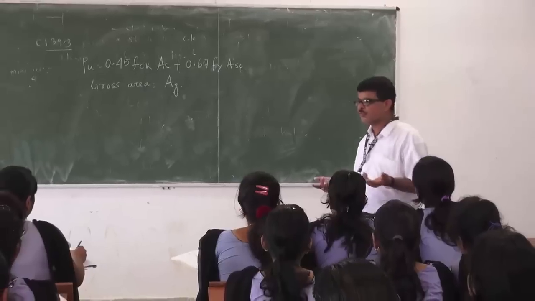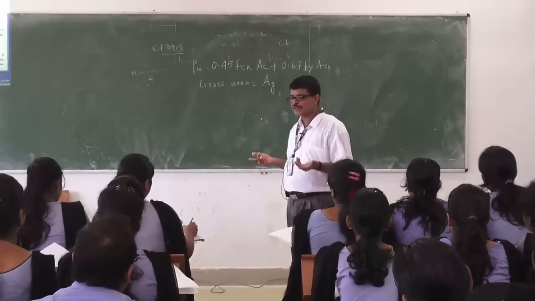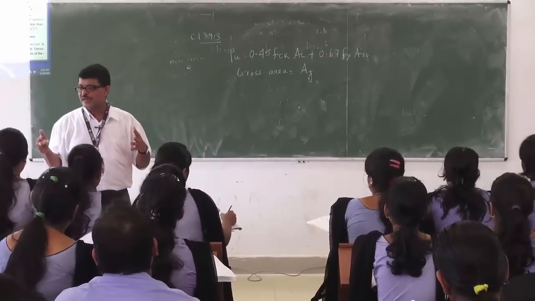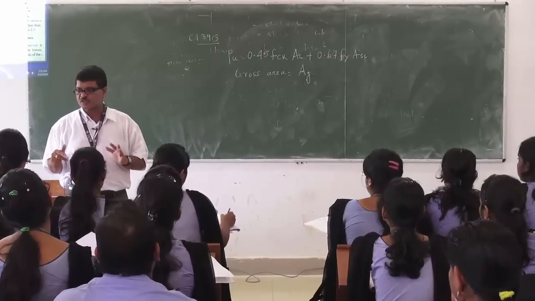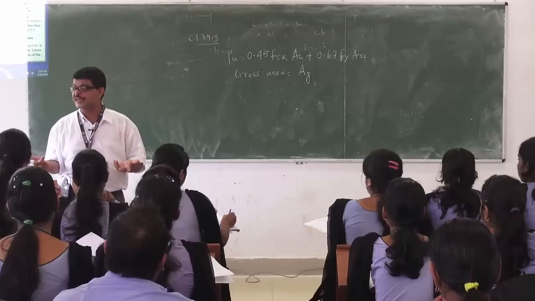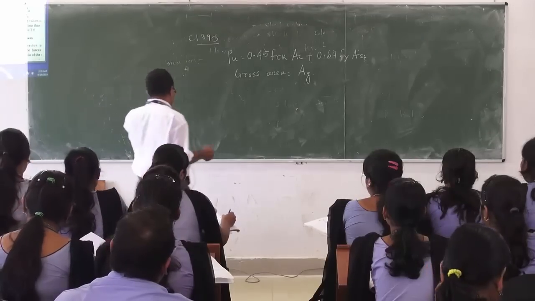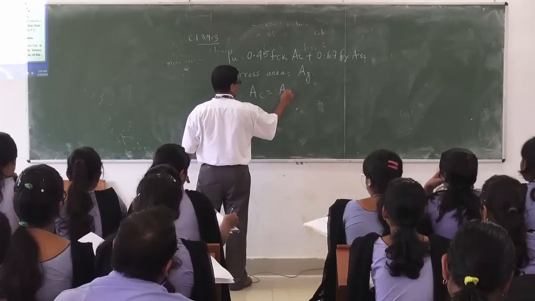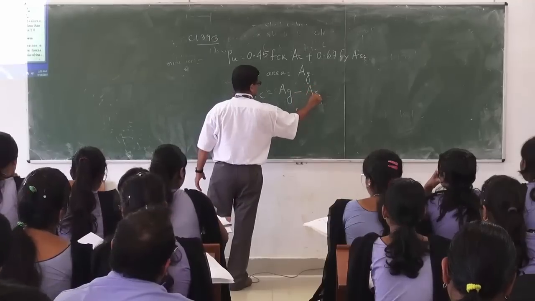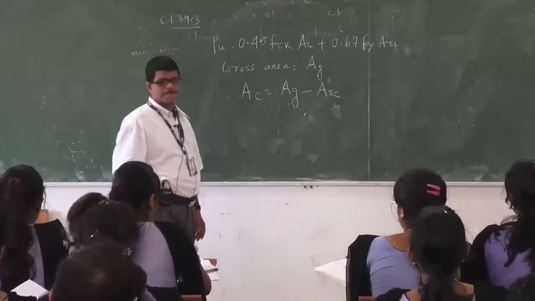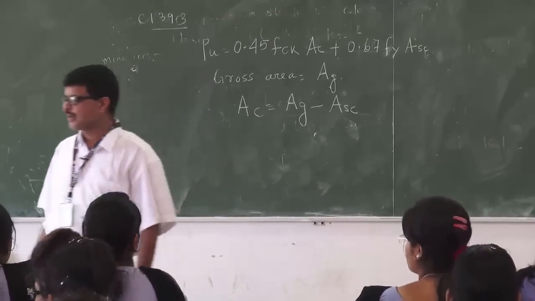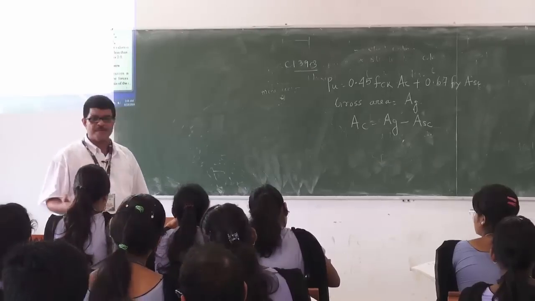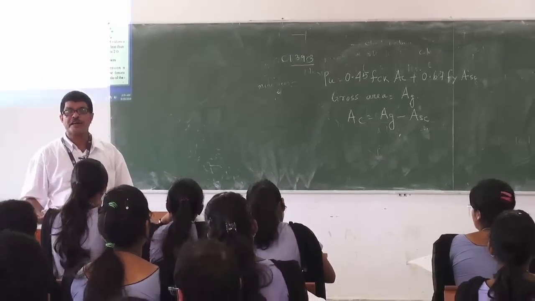If it is a circular column, pi by 4 into d square will give the area. Gross area minus steel area will give the concrete area, Ac. Basically, you subtract the steel in compression from the gross area to find the concrete area.